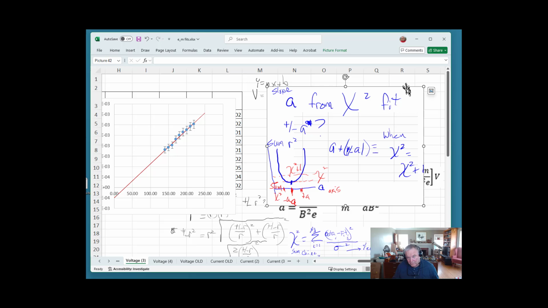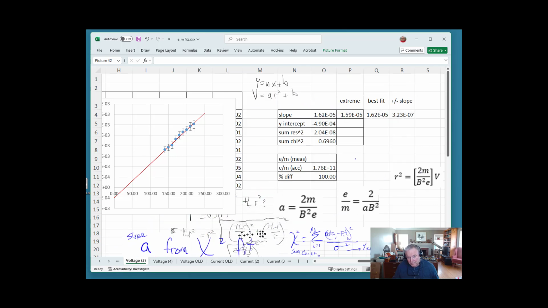We can assume it's a parabola, so notice that the extreme was less than the actual value. It randomly might give us the high value, but we don't know. I don't know how to force it to give us one or the other. So we just assume it's symmetric. So there's our plus minus.